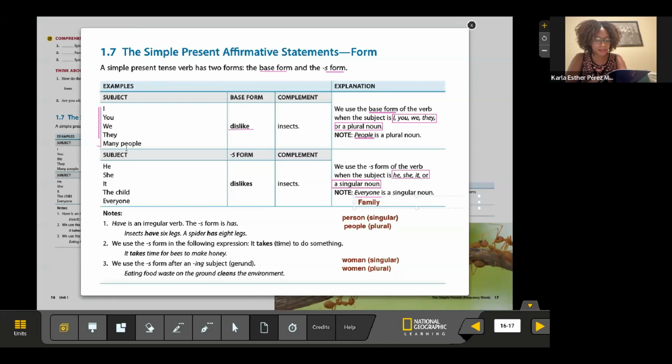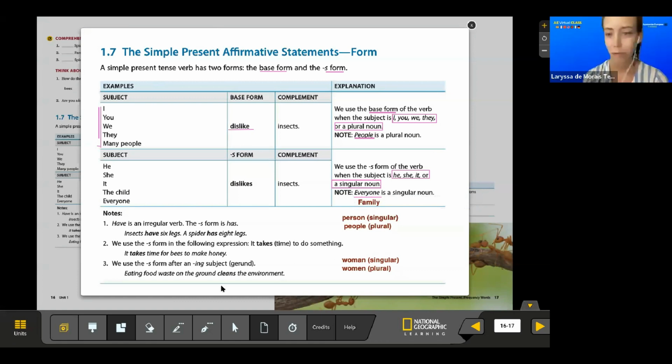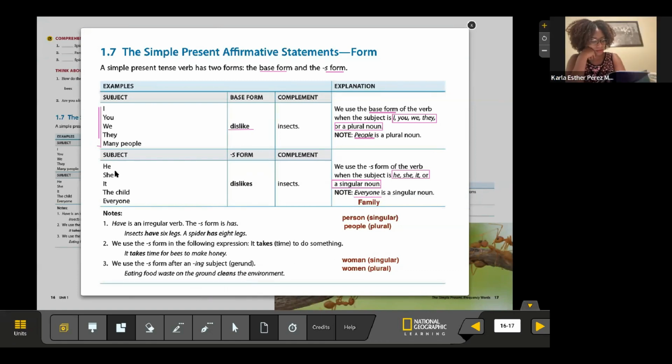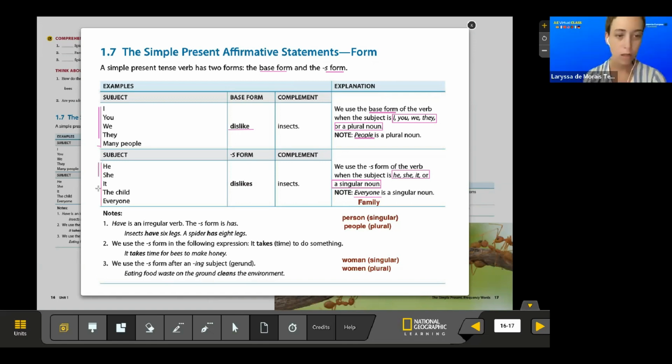It dislikes insects. The child dislikes insects. Everyone dislikes insects. Okay, perfect. So with all these subjects here, all these pronouns and also the singular nouns, we use the S form, dislikes. So let's read the notes.